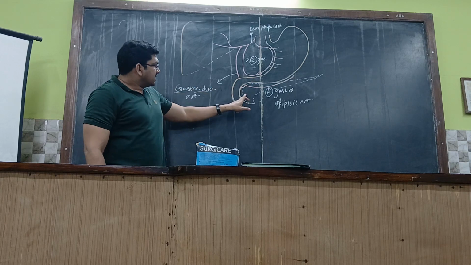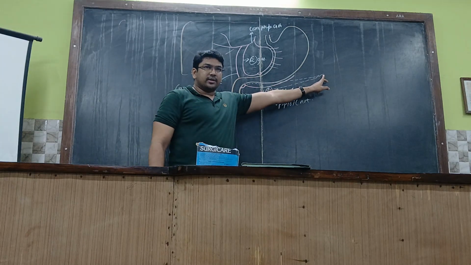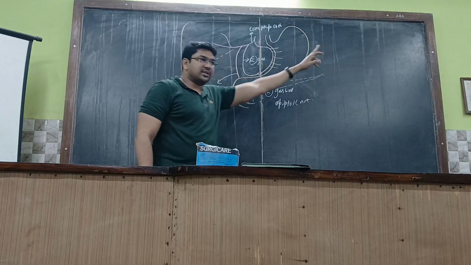That head of the pancreas is followed by the body and tail, going towards the spleen, which is situated just beside the stomach.